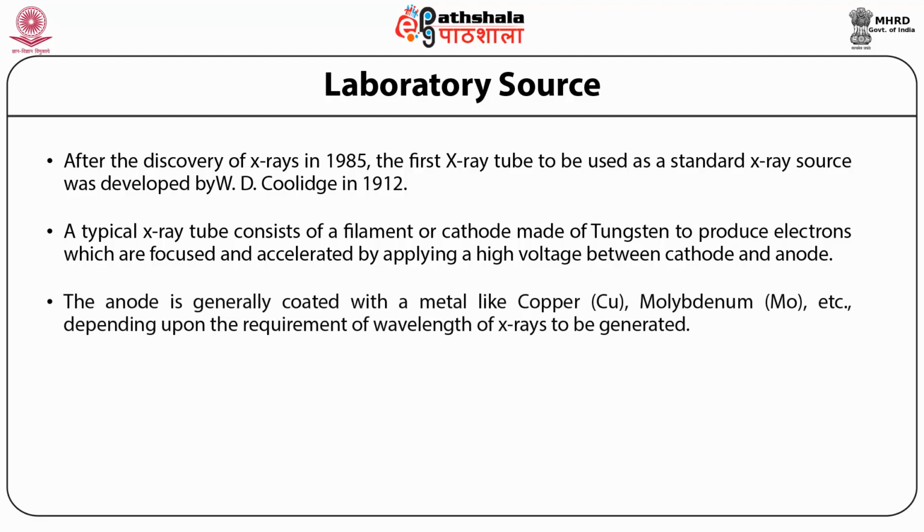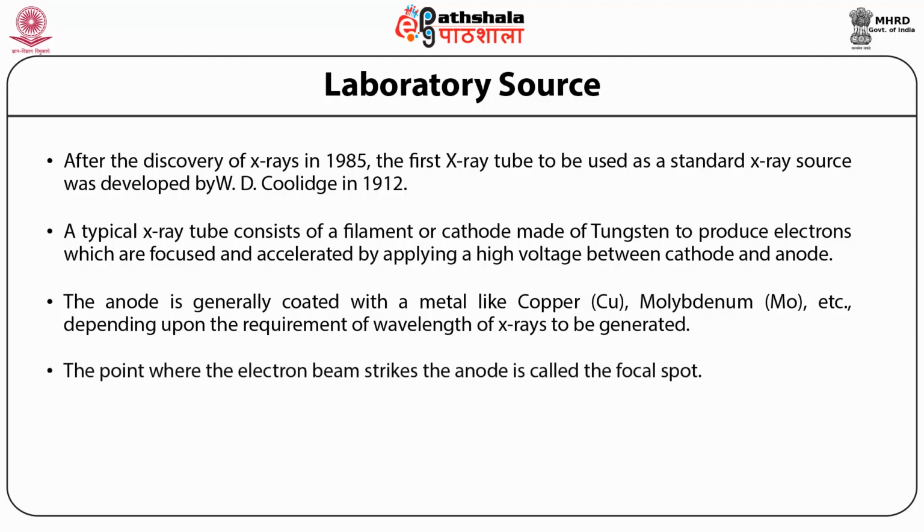The anode is generally coated with a metal like copper, molybdenum, etc., depending upon the requirement of wavelength of X-rays to be generated. The point where the electron beam strikes the anode is called the focal spot.